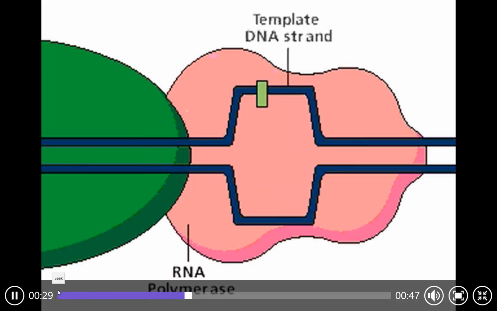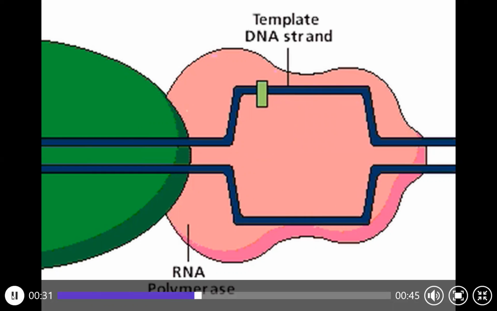Now, one difference between transcription and replication, there's actually a few. One difference is that RNA polymerase can actually open up the DNA sequence by itself. If you remember in replication, there's another enzyme called helicase that actually opens up the DNA strand. Okay, RNA polymerase can do it on its own. Sometimes it needs a bit of help, but it can pretty much do it on its own.